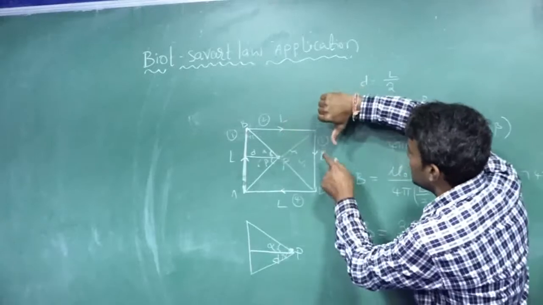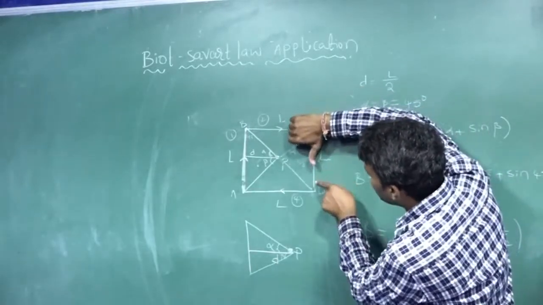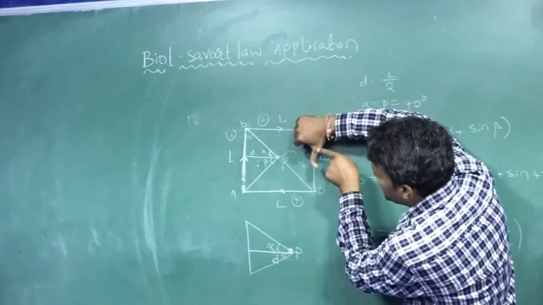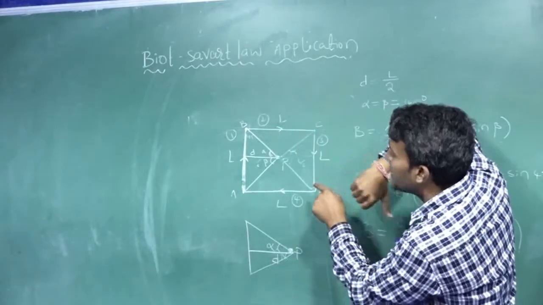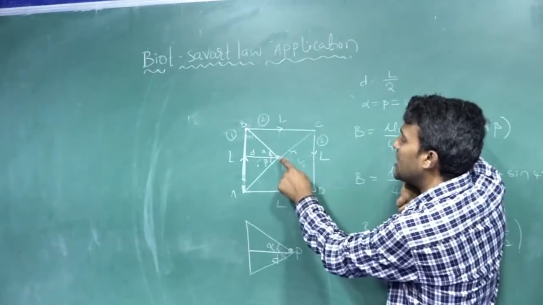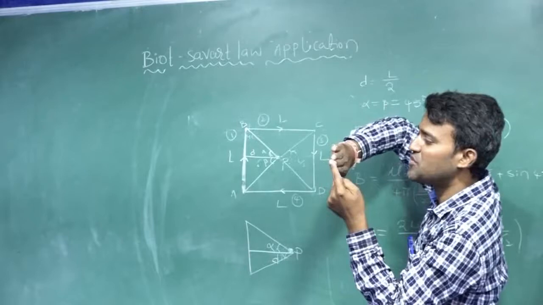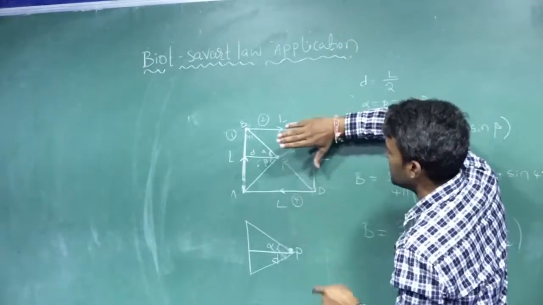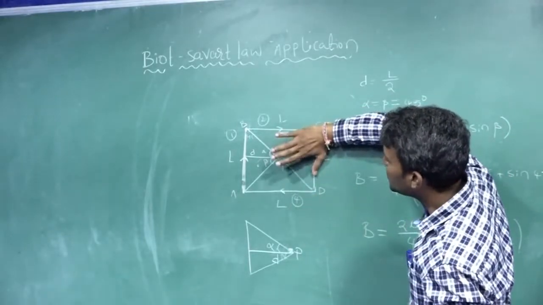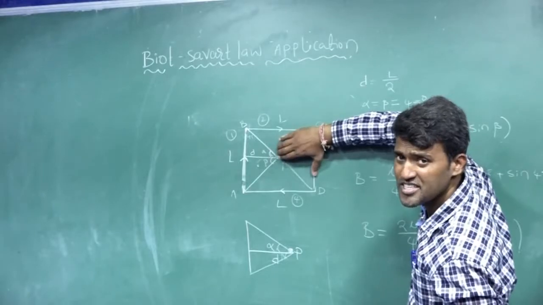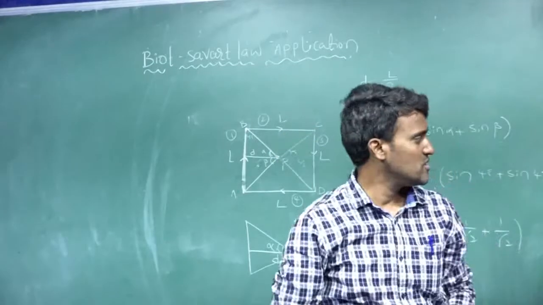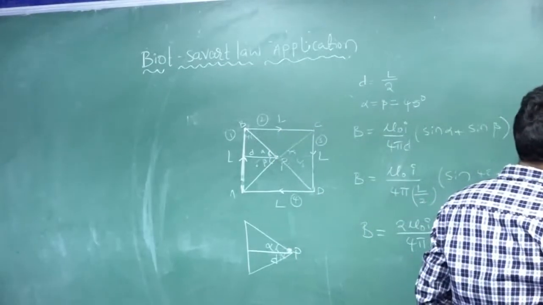The thumb we place in the current direction, which is downward. Where I have to calculate the magnetic field at point P, the tips of the fingers we place at point P like this. Now, is it inside or outside? It is inside. So this is also inside.